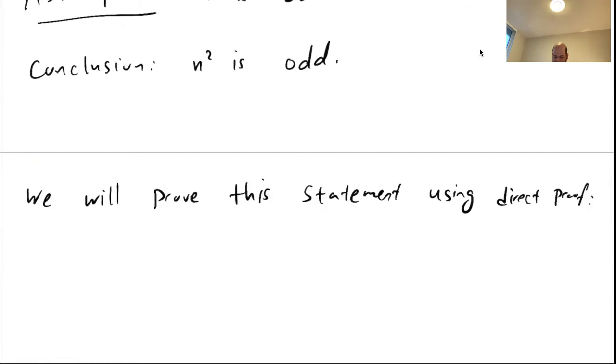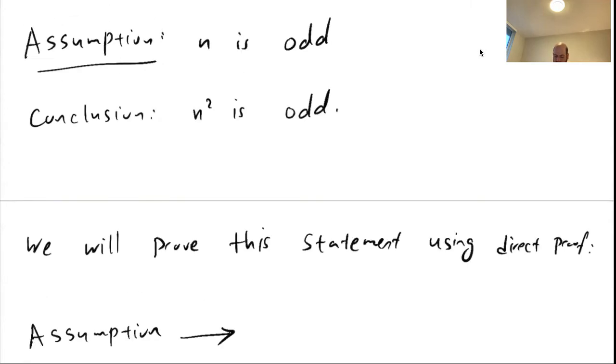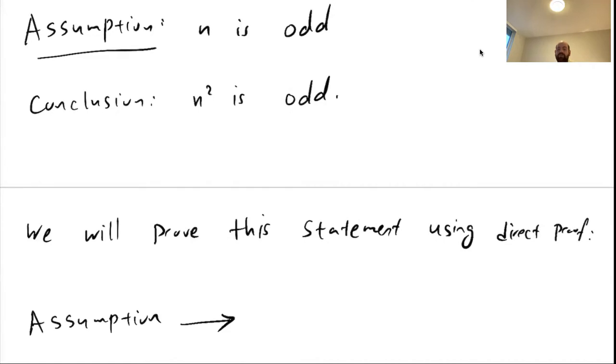So we start with the assumption. The assumption says n is odd. Please remember one important thing: in almost all proofs in mathematics, you have to use the definitions that are involved.